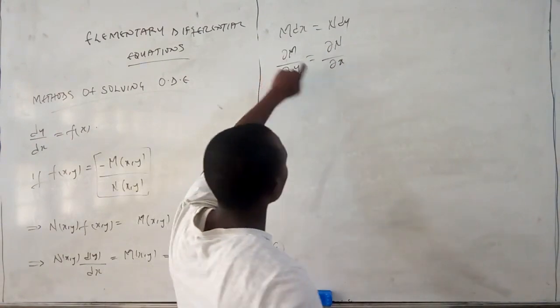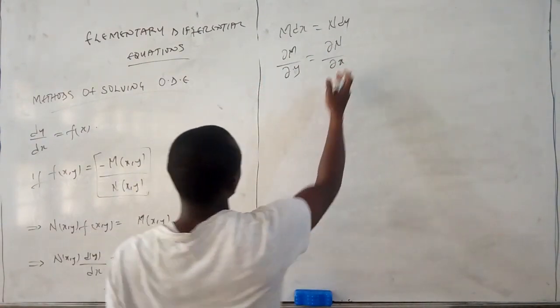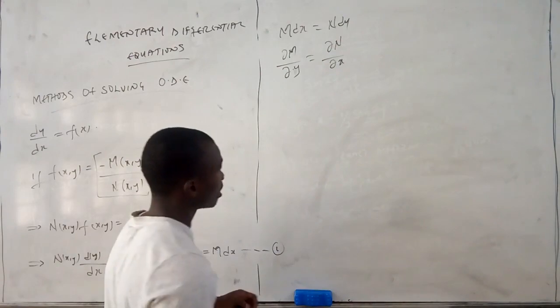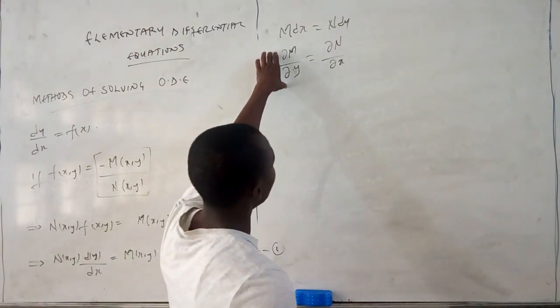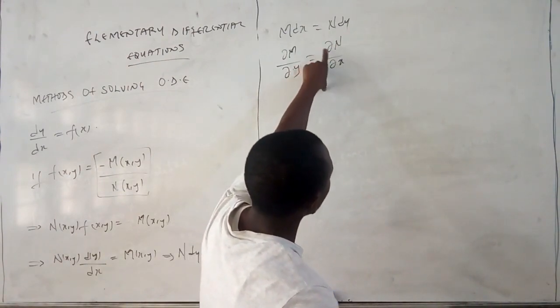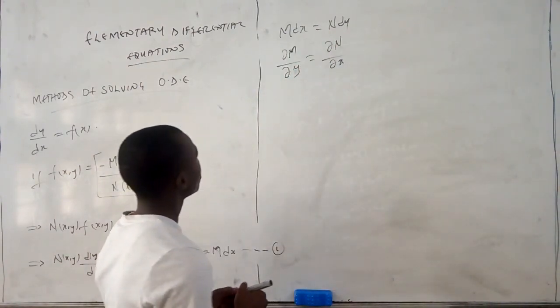Because M consists of both x and y, same as N consists of both x and y, so you cannot differentiate completely. You have to differentiate it partially with respect to y, and partially with respect to x.